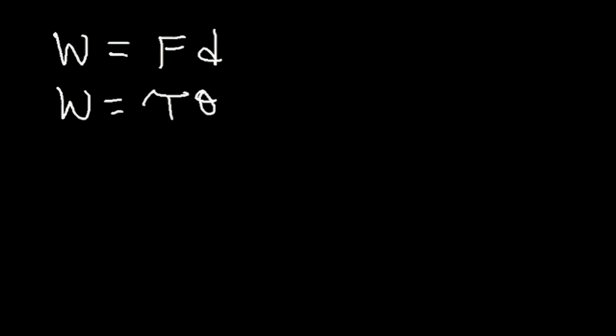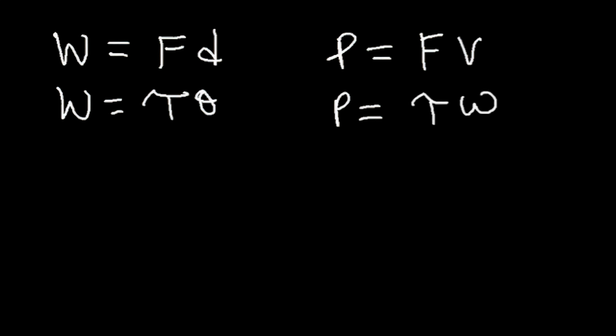So work is also equal to the torque multiplied by the angular displacement. Now power is force times velocity. Power is also equal to torque times angular velocity. You can see the relationships between the two equations.